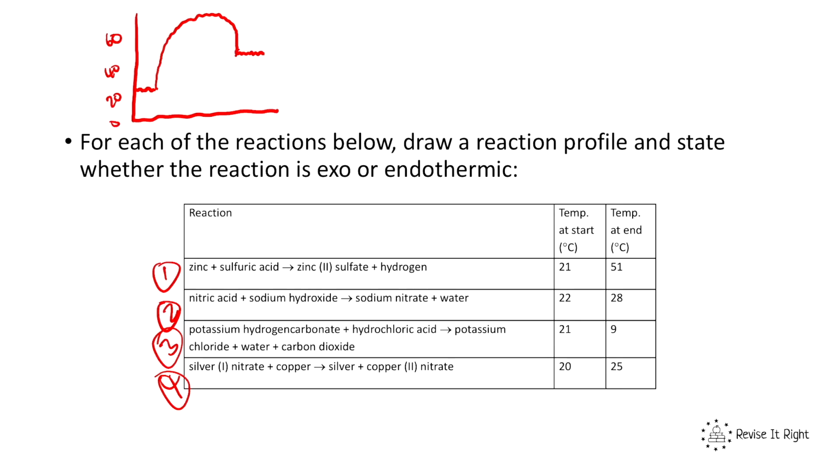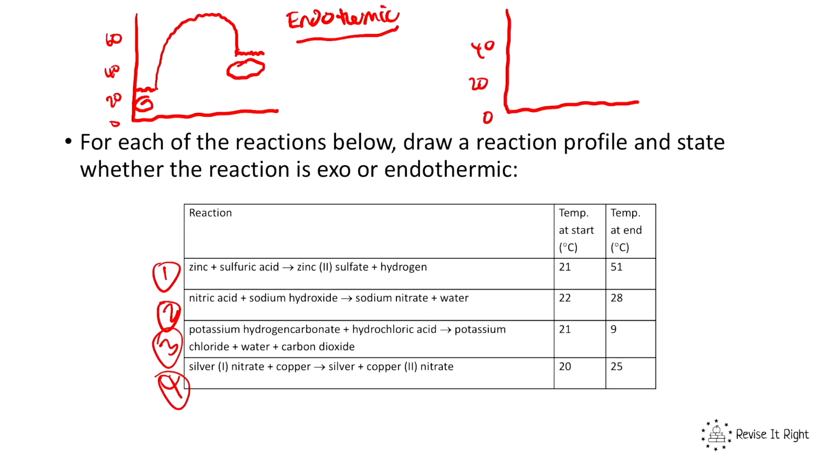That's an endothermic reaction profile, because the energy of the products is higher than the energy of the reactants, therefore it's endothermic. For number 2, let's have another rough guide, 20, 40.